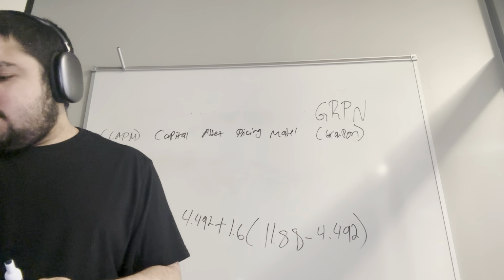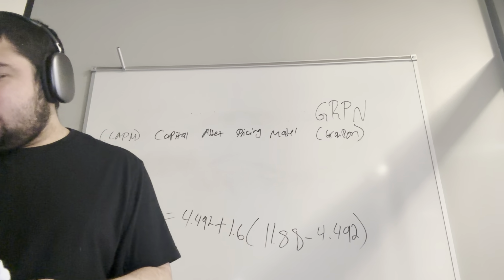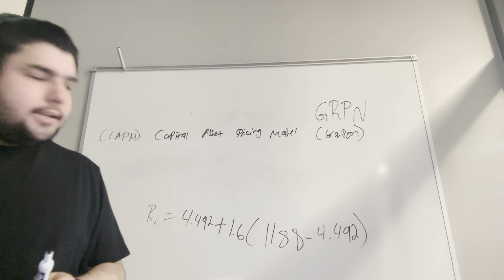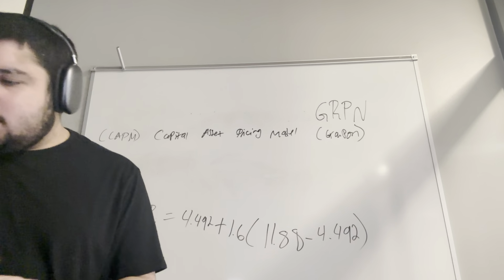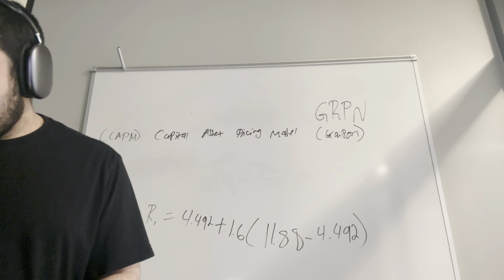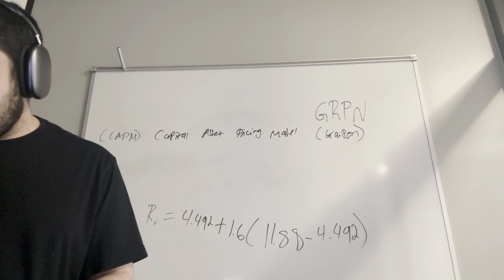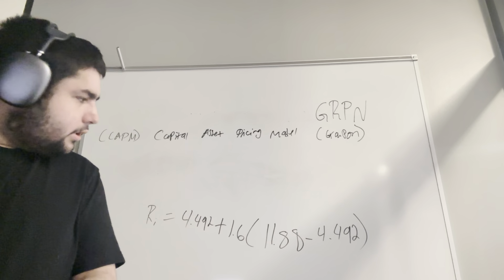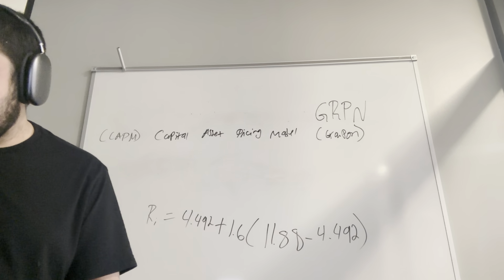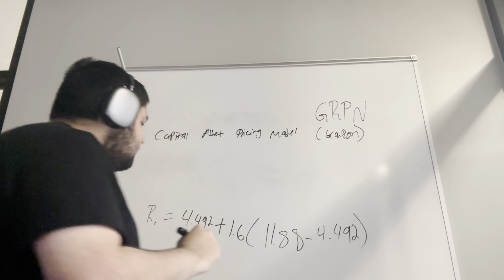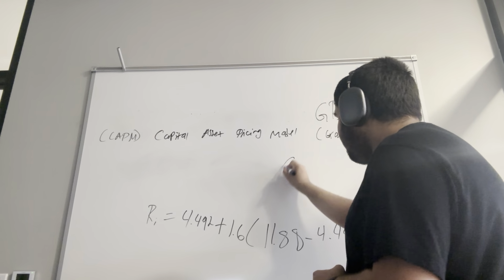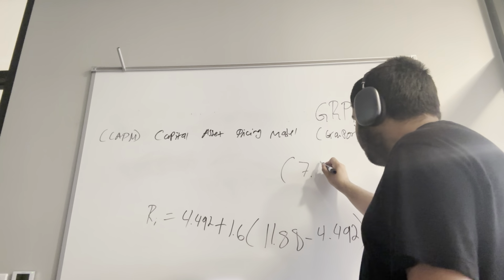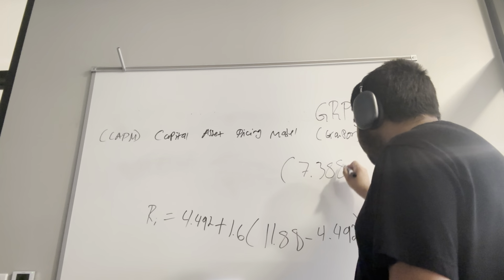So 11.88. Let's use a calculator. 11.88 minus 4.492 is equal to 7.388.